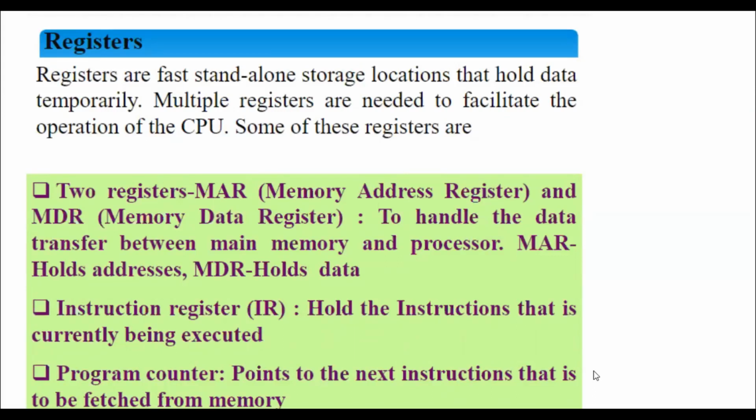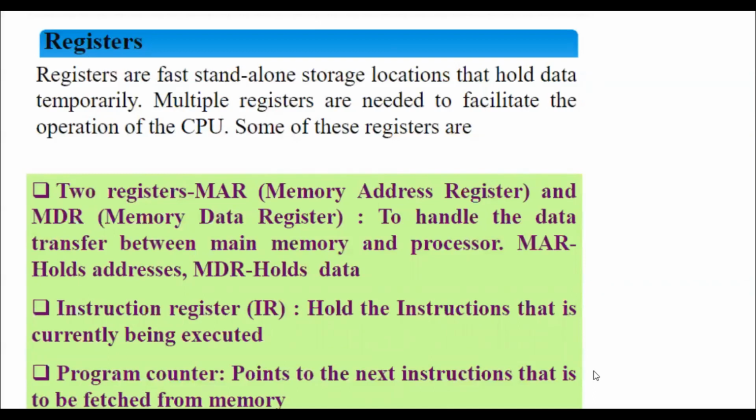Some of the main registers are the memory address register and the memory data register. To handle the data transfer between main memory and processor, the memory address register holds addresses, whereas the MDR holds the data.